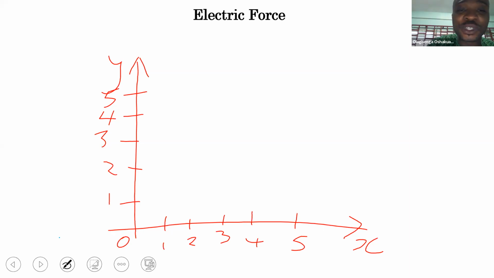Imagine I start from the origin and I walk 4, let's say it's in meters, I walk 4 meters in the x direction, and I walk 3 meters in the y direction.